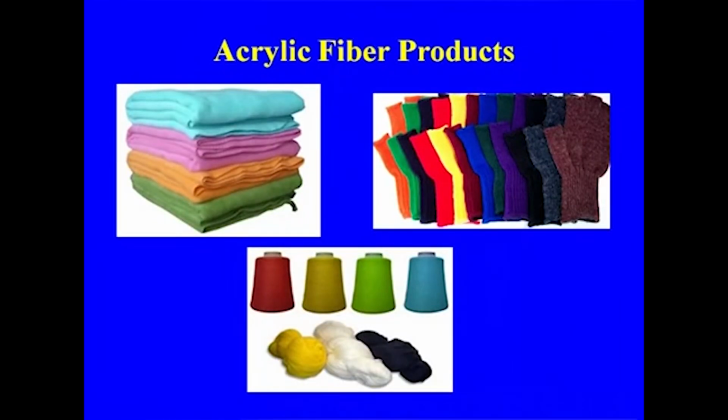And these are some of the products of acrylic fiber. If you see the carpet, and the curtain also, we are using this acrylic fiber. This is the towel, this is the sweater, and other woolen material; this is thread of the acrylic fiber.